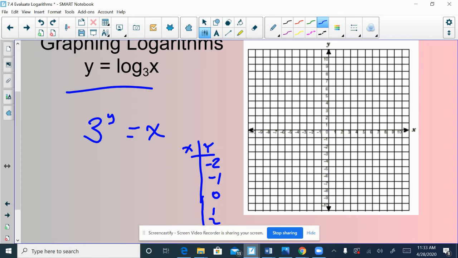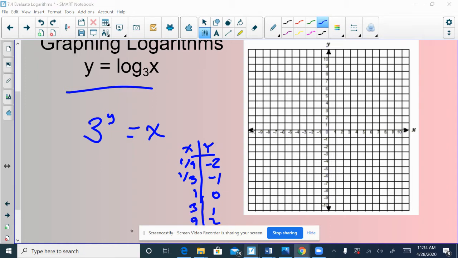That's a more difficult question. However, if you plug these in for y, I can type 3 to the -2nd power into my calculator, or we should even be able to process that on our own. Negative exponents go down to the denominator, we get 1/9. 3 to the -1st is 1/3. 3 to the 0th power is 1, then 3, and 9.